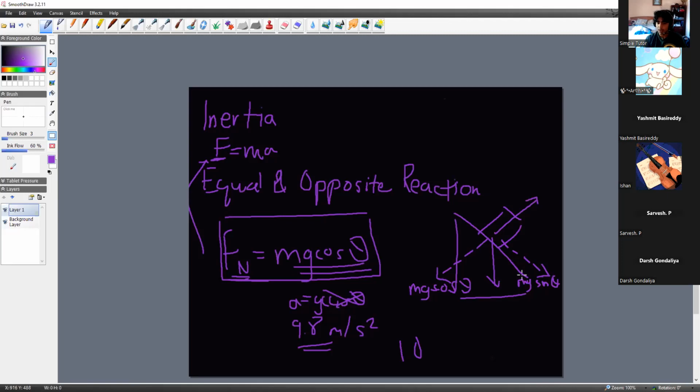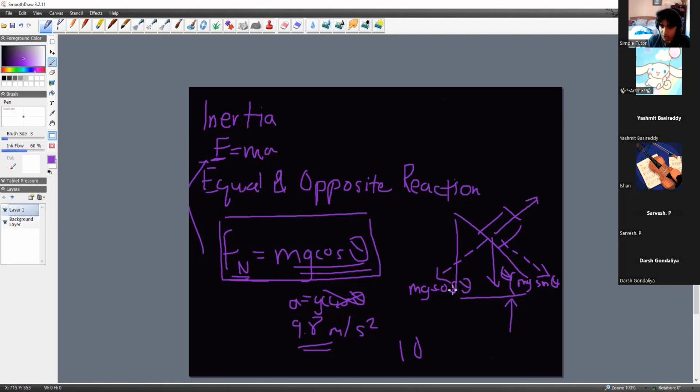This is how we break up something into different components. We use trig. We use cosine theta and sine theta based on the plane and the angle. If this is theta, this is mg cosine theta, and this is mg sine theta. It's just symbolic, so you don't actually need to worry about it, but that's where theta comes into play. Theta is based on this angle right here.